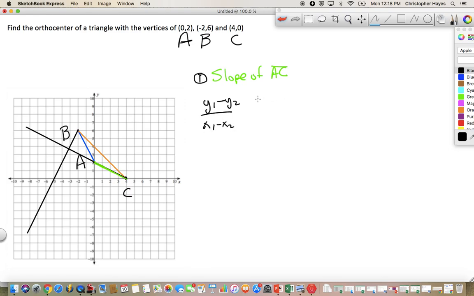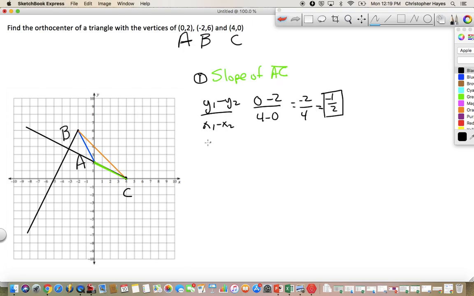So in this case, that's going to be 0 minus 2 over 4 minus 0, or that's going to be negative 2 over 4, or reduce that down to negative 1/2. So now I know the slope of line AC is negative 1/2.